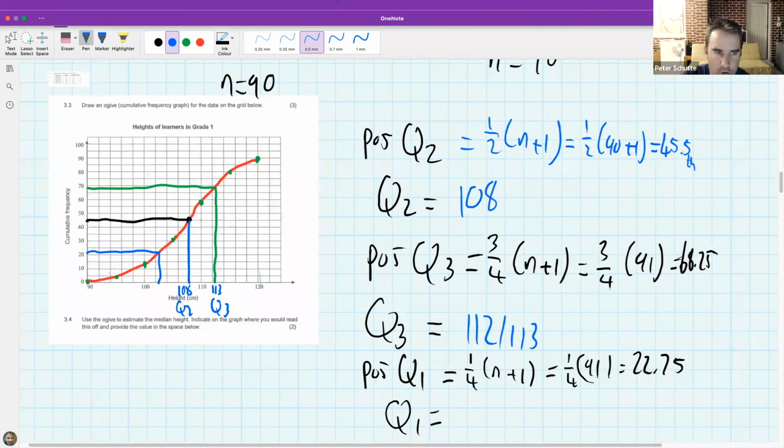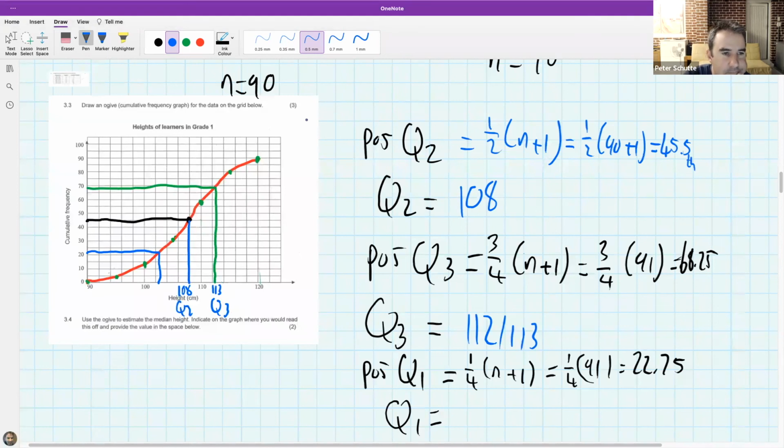What's your estimate for your lower quartile?